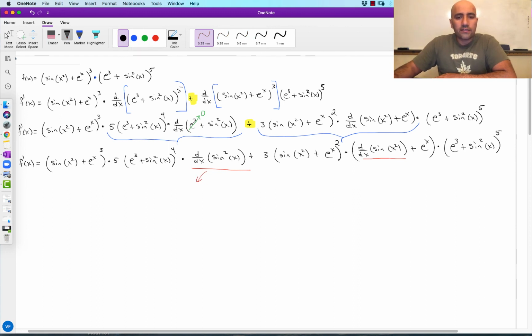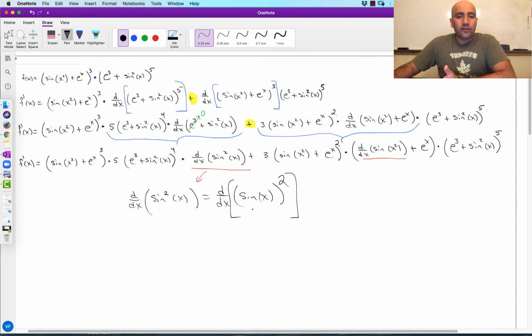This one is sine squared x, and I want to find the derivative with respect to x of that whole thing. This one is sine of x squared, and I want to find the derivative with respect to x of that whole thing.